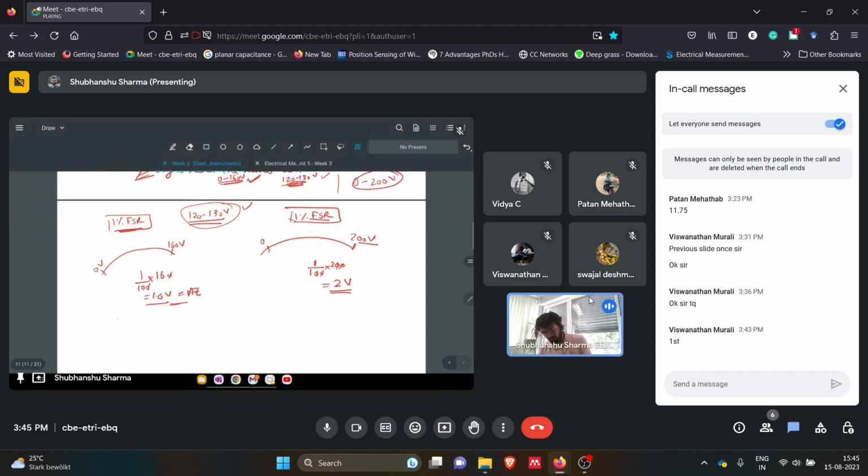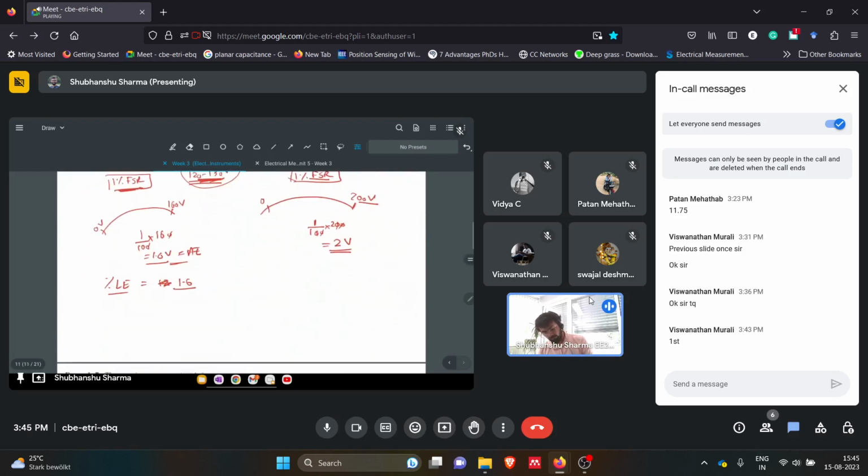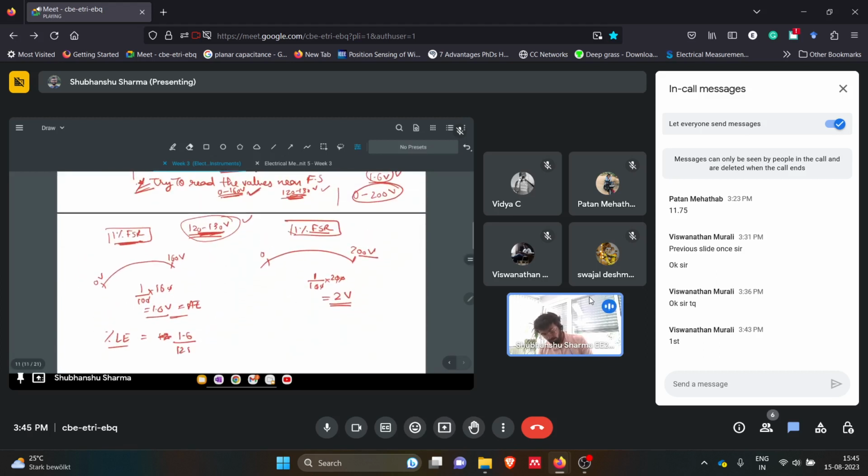But if you talk about the percentage limiting error, let's say we had a reading of 125 volts, which lies somewhere in between. For the 160 volt meter, the error is 1.6 divided by the measured value, 125, into 100.